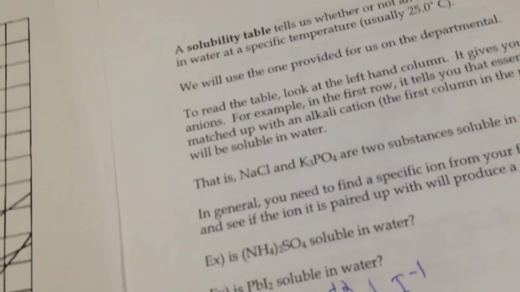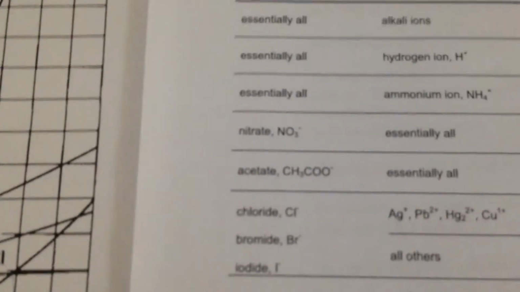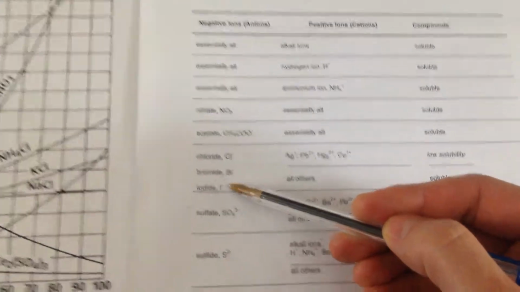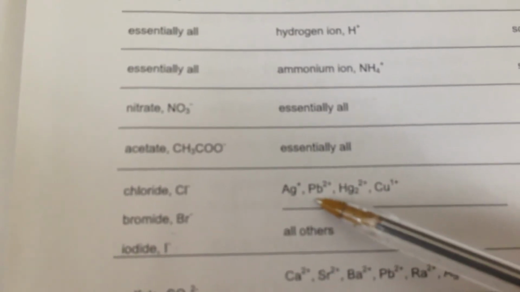So would iodine form a precipitate with lead? So if we find iodine, here it is on the chart, just to give you some reference. Now we compare it to lead, lead 2. Those charges matter. If it was lead 3, it wouldn't form.